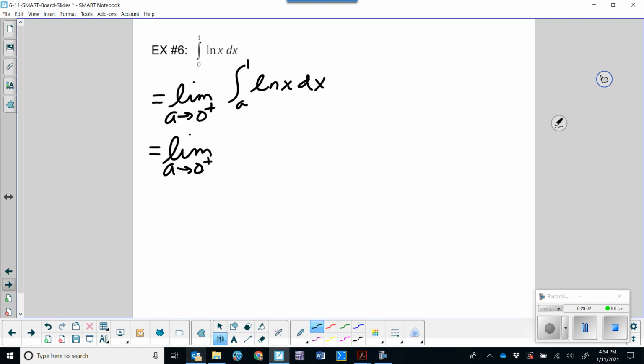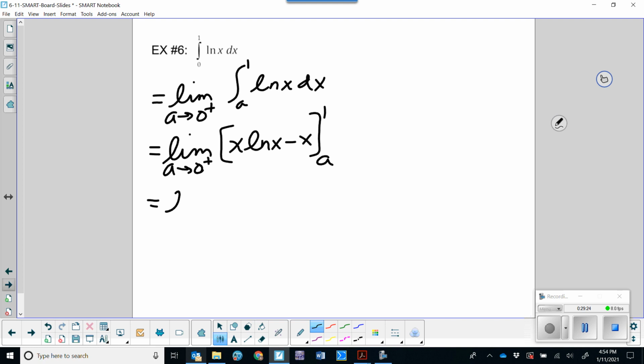The formula for integrating ln of x is x ln of x minus x. Either you do integration by parts to figure that out, or you just memorize it, and if it were me, I'd memorize it because it's a common enough one.